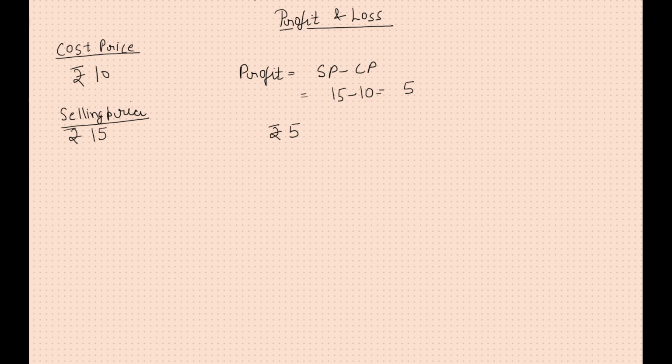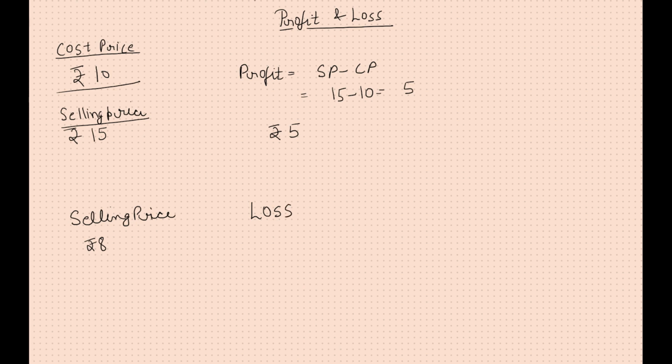But suppose, children, if I bought the pen for cost price of rupees 10 and if I sold it for 8 rupees, okay, I bought it for 10 rupees, I sold it for 8 rupees. Now this time I don't have profit, this time I am facing loss.